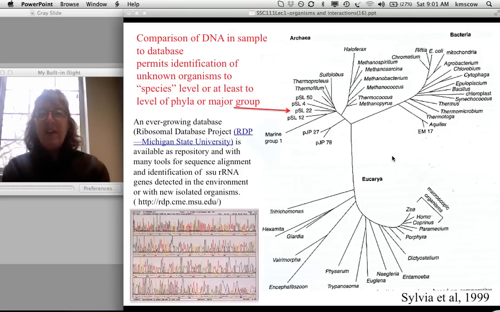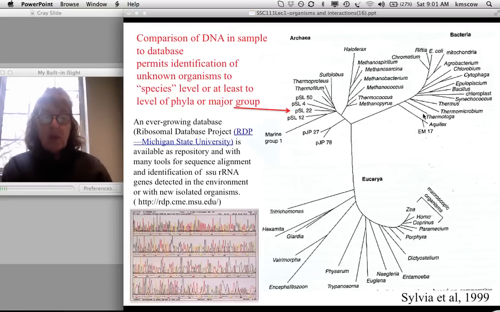So you can have a probe for that Thermoproteus if you want to go fishing for it in your soil sample and see, do you have any Thermoproteuses in your sample based on the match to these known sequences.